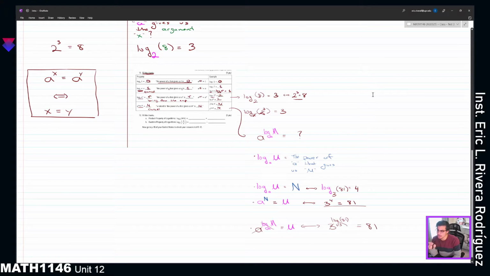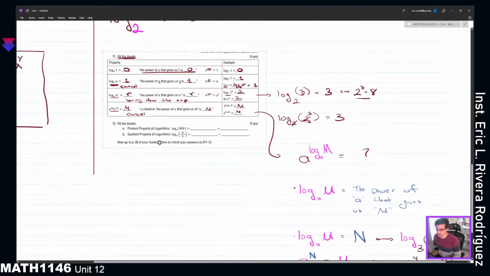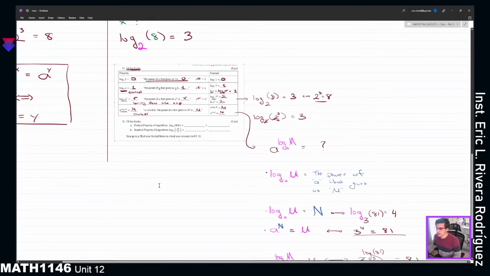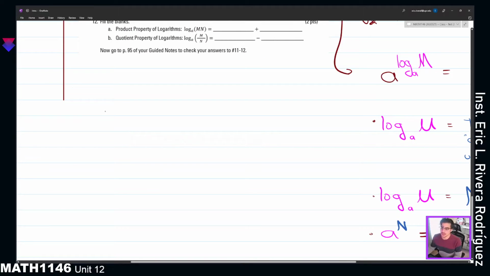There is one more property that is not on that table, and it is important before we get to the product and quotient property. Let's call it the power property of the log. Okay.